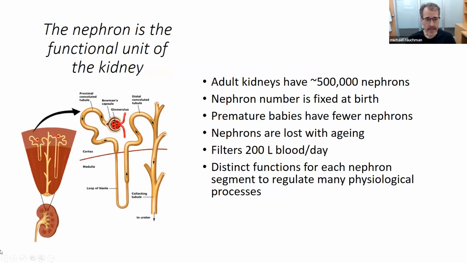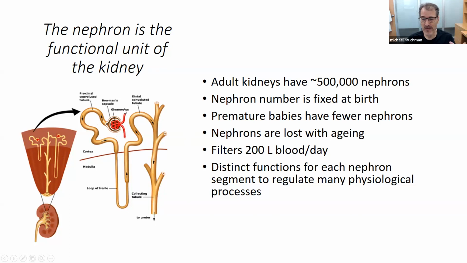So the kidney is comprised of a bunch of functional units. If you take a slice of the kidney and look at it under a microscope, and this is a schematic of course, there are these functional units called nephrons, and there are about 500,000 or more of these microscopic units in each of our kidneys. They are comprised of a filter called the glomerulus.